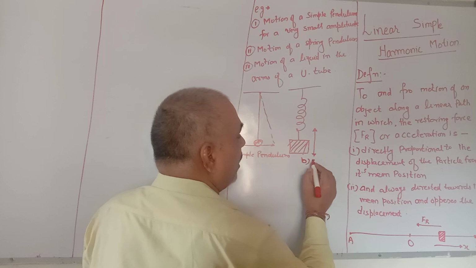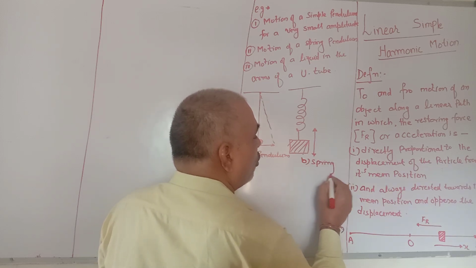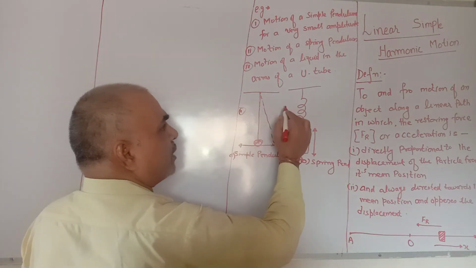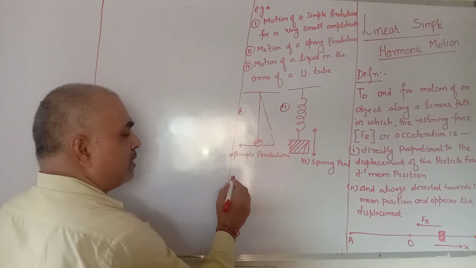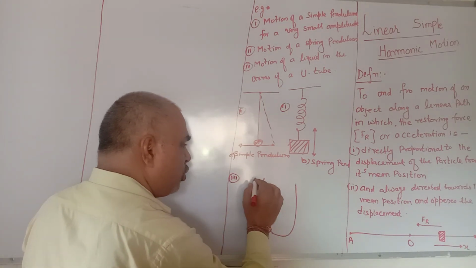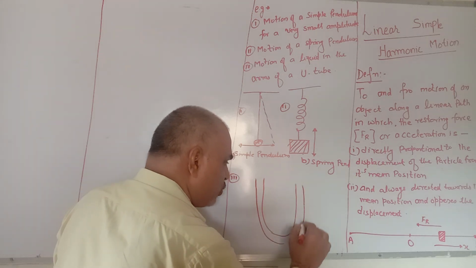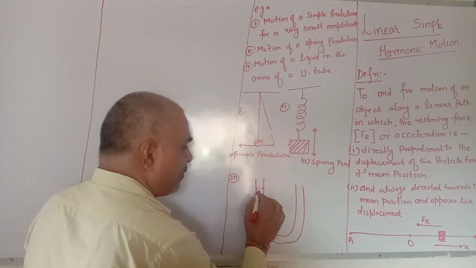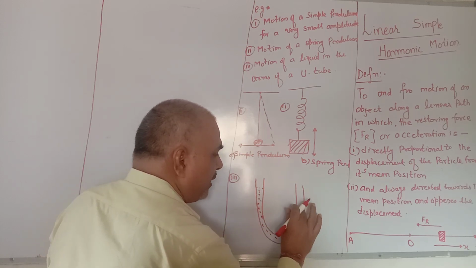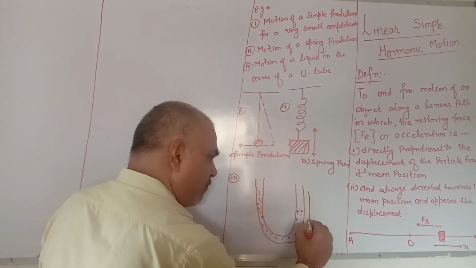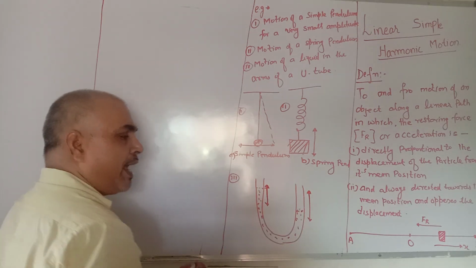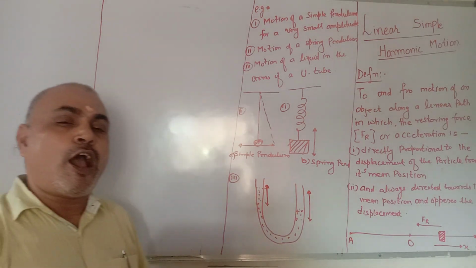Third one, if we have a U-tube, and in this U-tube we have kept any liquid, the liquid will perform up and down motion. This is also called linear simple harmonic motion.